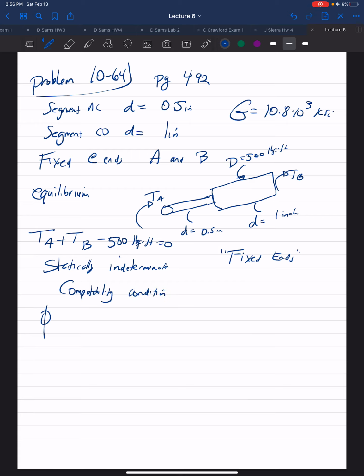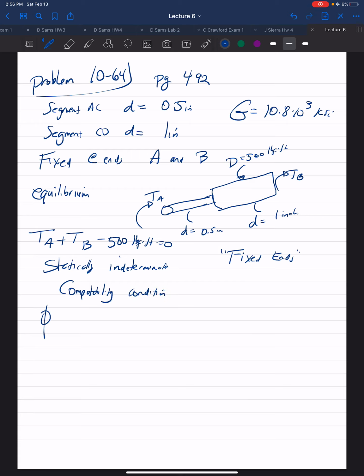So our polar moment of inertia is pi over 2 times 0.25 inches to the 4 times our G, plus the angle of twist in the larger diameter region, which has a length of 8 inches.